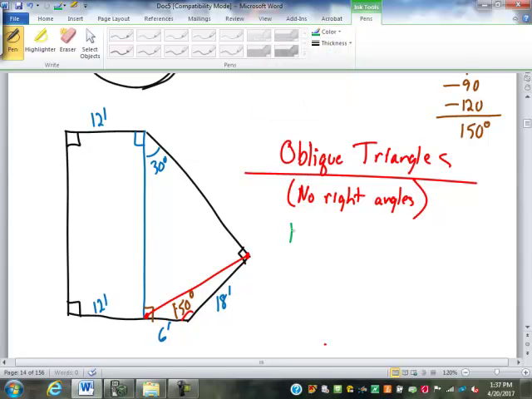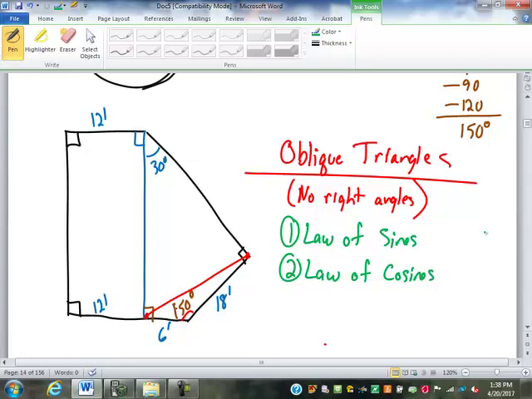There are two options that we are going to look at. Law of sines. Second one, law of cosines. No, there is no law of tangents.